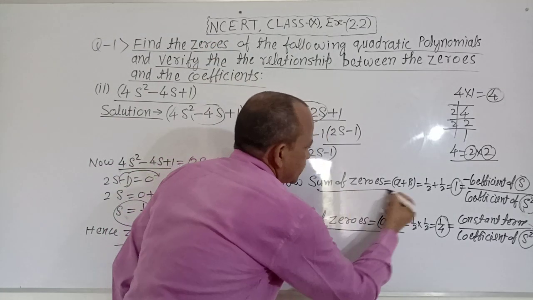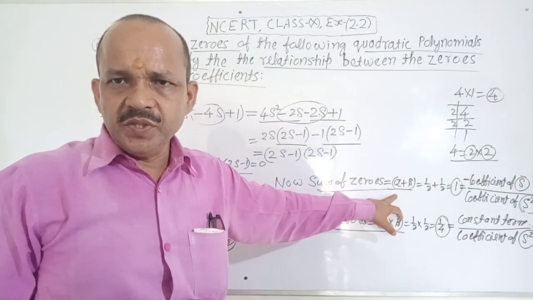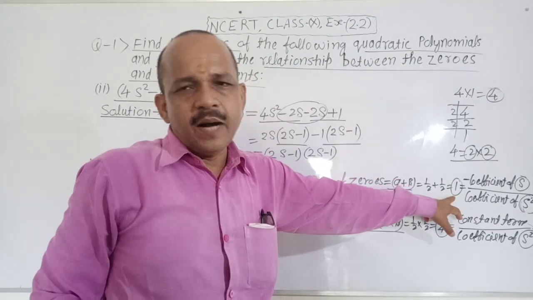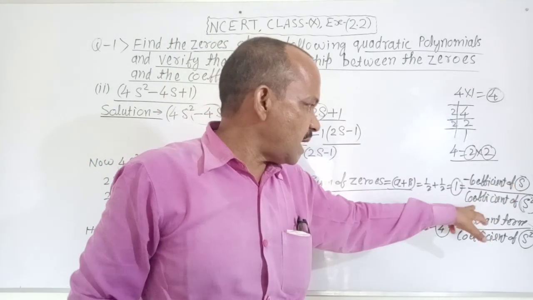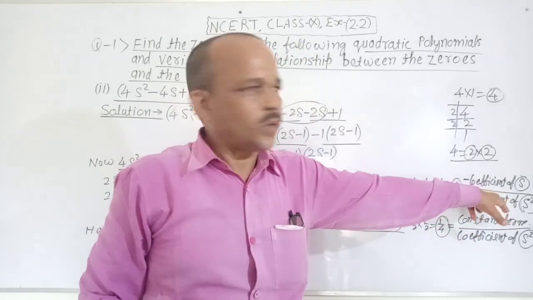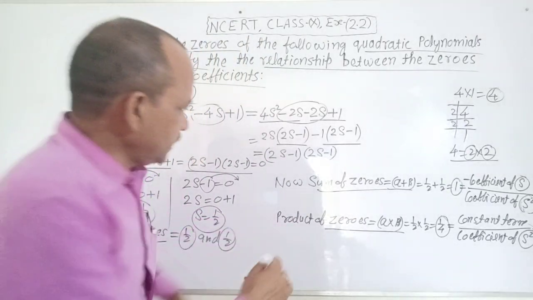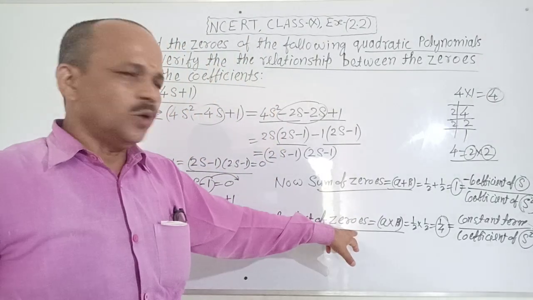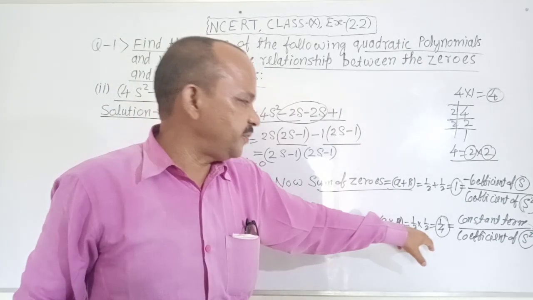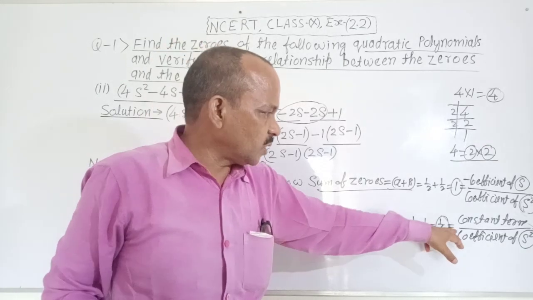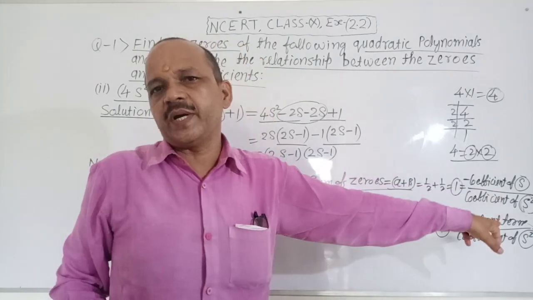It is sum of zeros, half plus half equals 1, minus coefficient of s upon coefficient of s square equals minus b by a. Here product of zeros equals alpha multiply beta equals half multiply half equals 1 by 4 equals constant term upon coefficient of s square equals c by a.